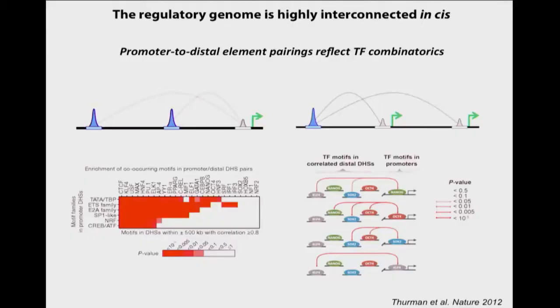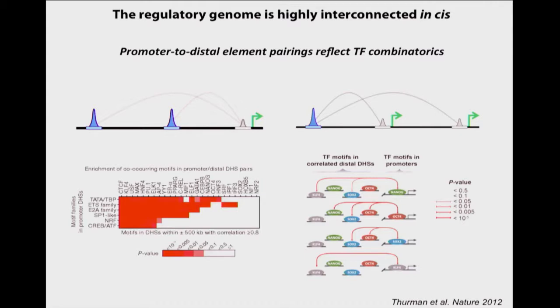And then you find some really interesting things. If you look at, let's say, pluripotency factors, things like NANOG and OCT4 and SOX2, these kind of famous things, KLF4, Yamanaka factors. Well, if you look in ES cells at things you find in distal elements that are connected to a particular promoter, you find that promoters that have NANOG have distal elements that have SOX2 and KLF4, but not NANOG or OCT4.